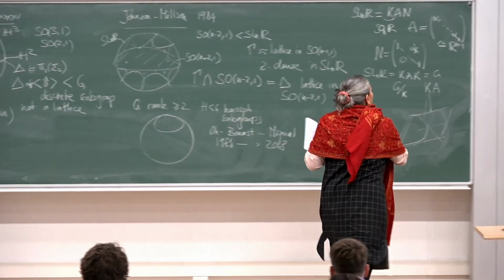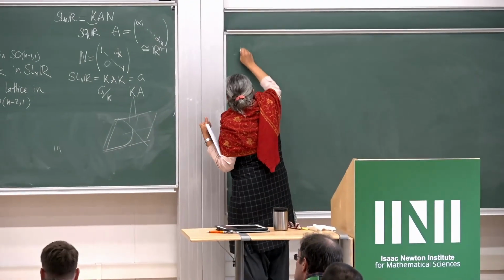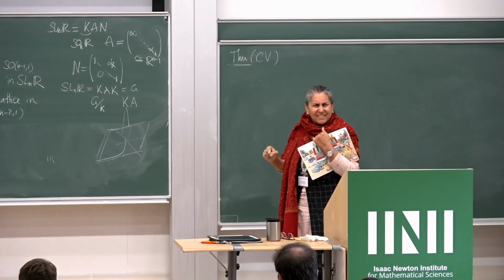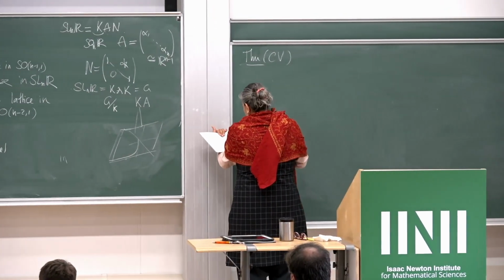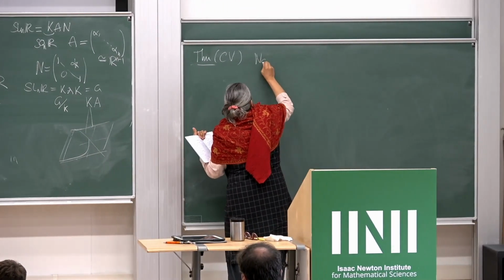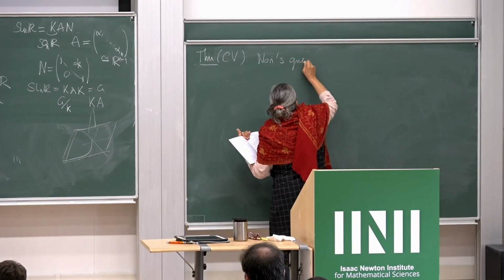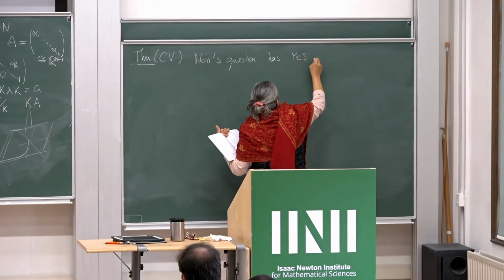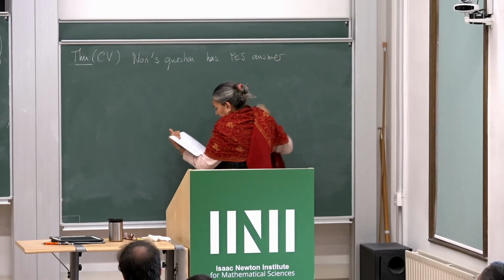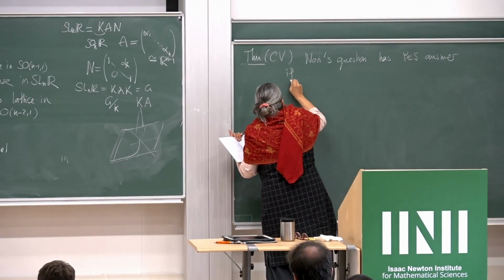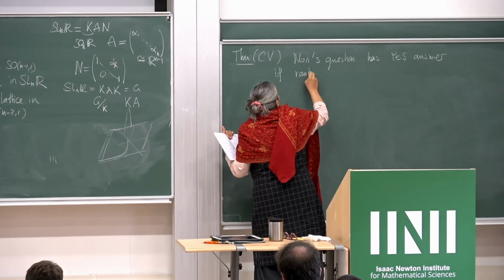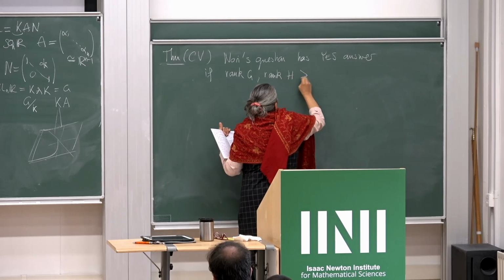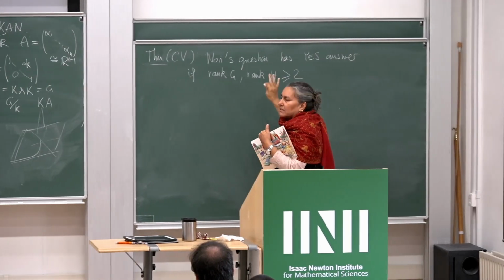In fact, what we show is that Nora's question has a yes answer if, of course, the rank of G and the rank of H are greater or equal to 2. And this is always in the simple case.